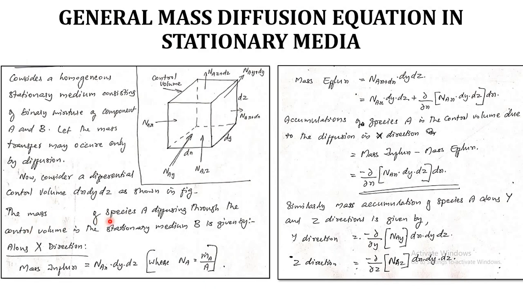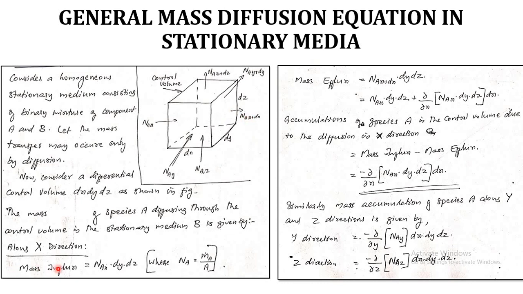The mass of species A diffusing through the control volume in the stationary medium B is given by, along x direction, NaX is the mass flux entering the control volume through the left face, and NaX plus dx is the mass flux leaving the control volume from the right face.